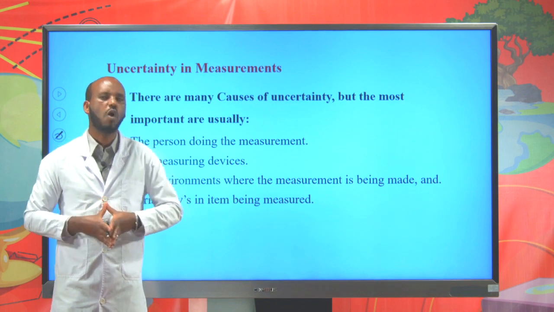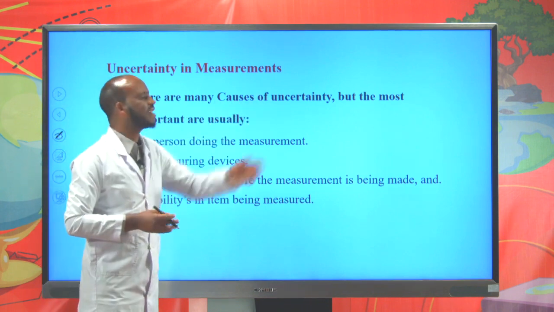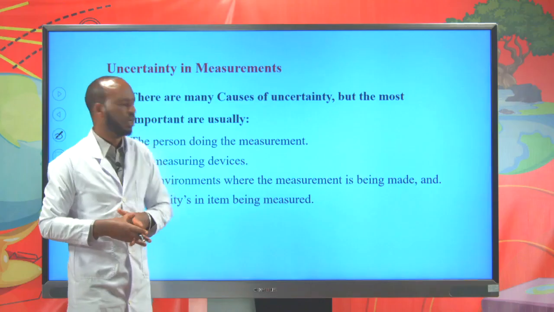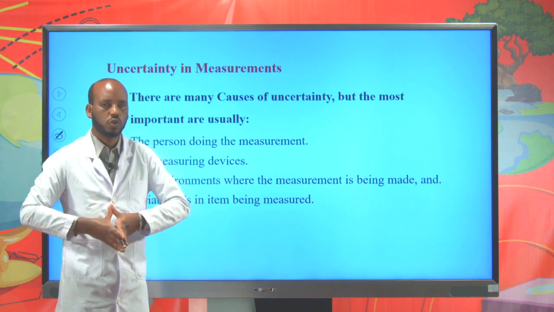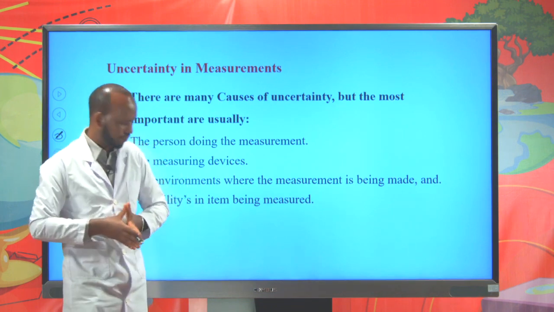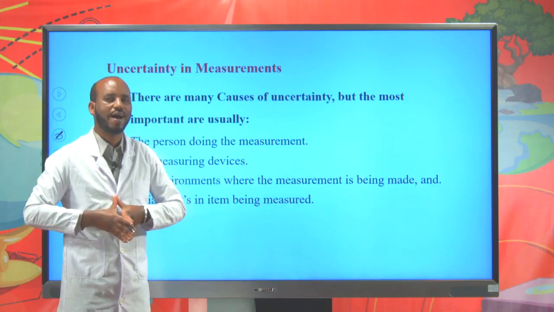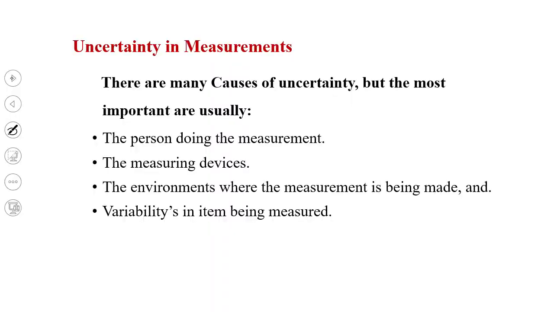Therefore, what are the causes of uncertainty? There are many causes of uncertainty, but the most important are usually: one, the person doing the measurement; two, the measuring device itself; three, the environment where the measurement is being made; four, variabilities in the item being measured.